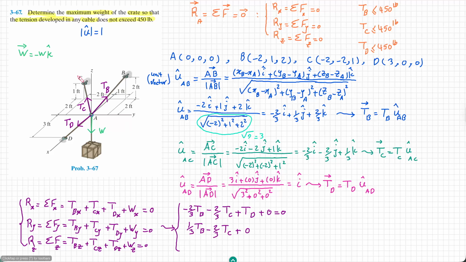And for W the same, because W has no component in y. And finally for the z direction, the z coordinate of u hat AB is 2 over 3 TB. The z component of TC is 1/3.